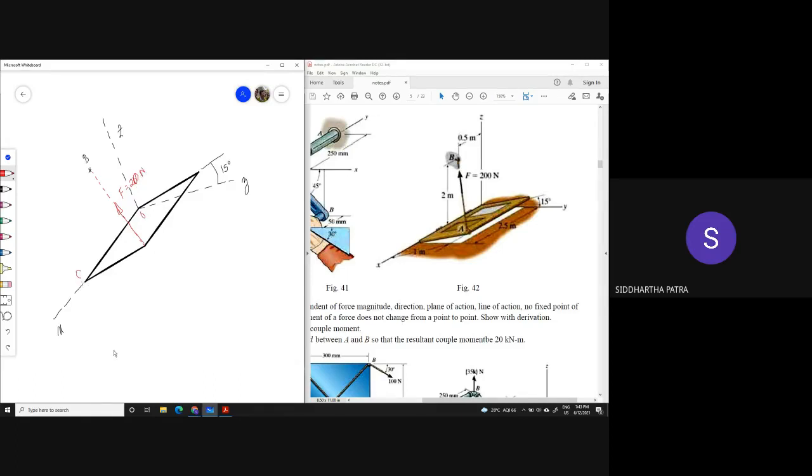Let's call this point C. And this point is A. So we could be trying to get the position vector of A with respect to C.